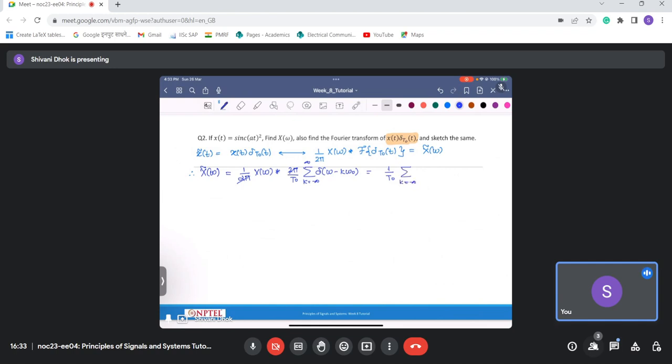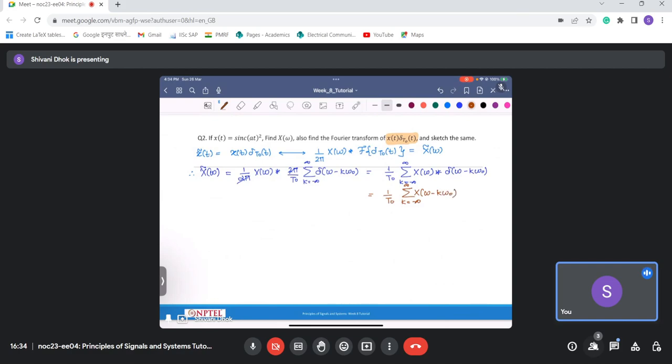We'll use the distributive property of convolution: x of t convolved with a summation of y of t's is simply the summation of x of t convolved with each of those terms. So we can write this as summation k from minus infinity to infinity x of omega convolved with delta of omega minus k times omega naught. And when we convolve anything with an impulse, we get a copy of the same signal at that point. So this is simply x of omega minus k times omega naught.